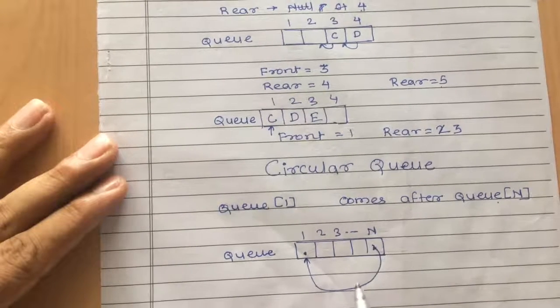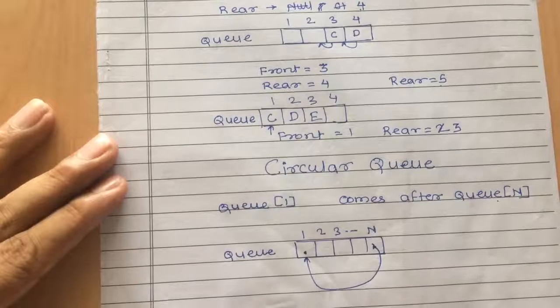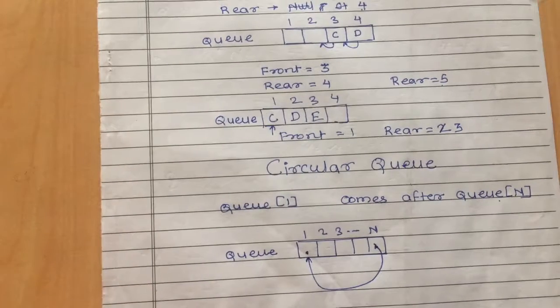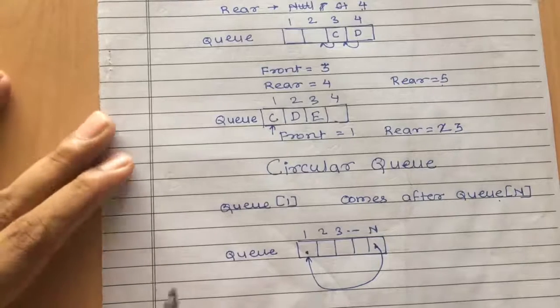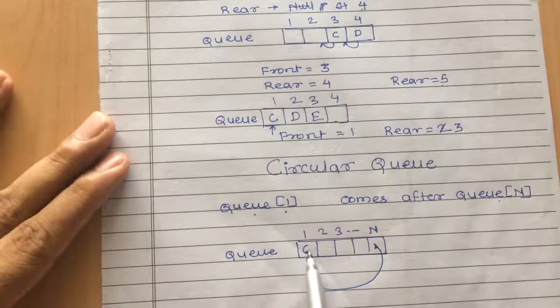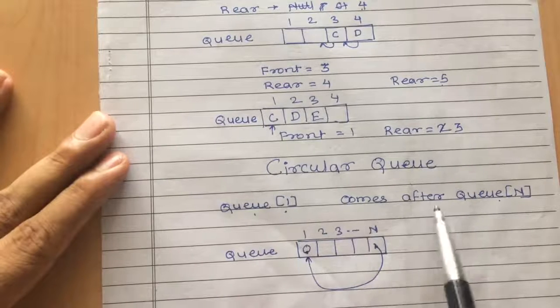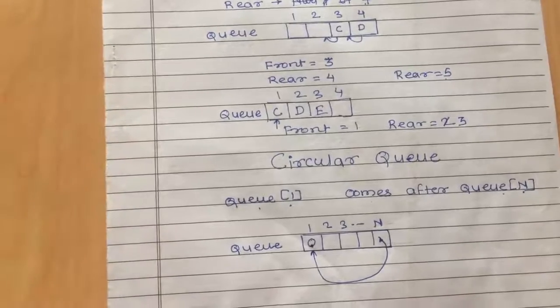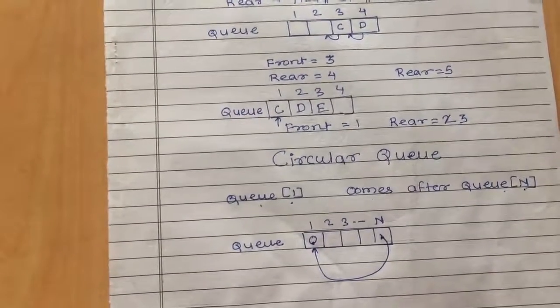So this is a circular queue. Circular queue means that in this case, what we assume is that Q of 1, that is the element present at the first location, comes after Q of n. So this is a simple circular queue.